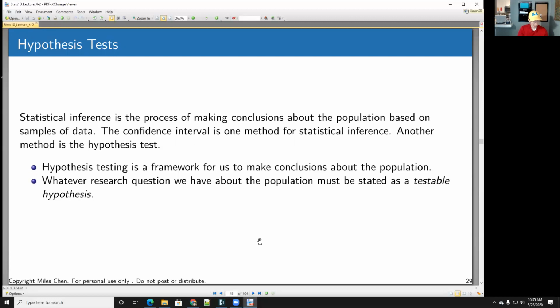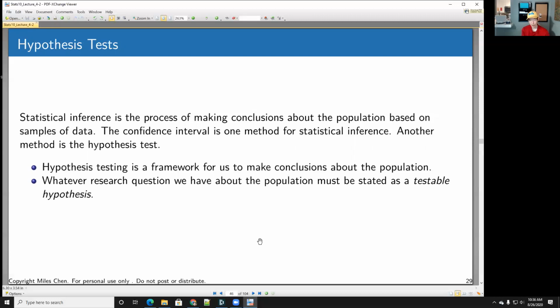The important thing in a hypothesis test is that when you're doing research and doing science and asking questions, whatever research question we have has to be turned into what we call a testable hypothesis. We've got to turn our question into a statement that we can test.